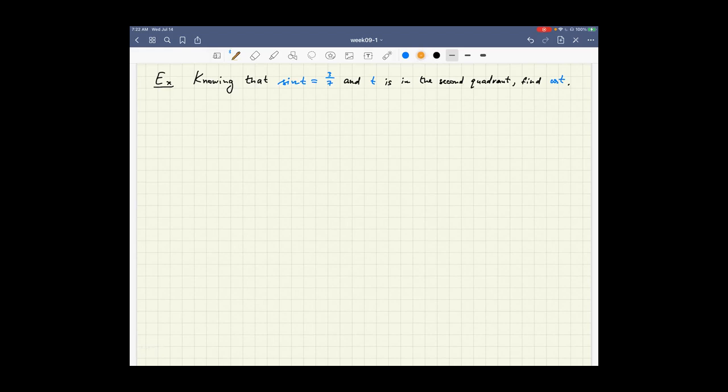So let's draw a unit circle. What does it mean that sine t equals 3/7?